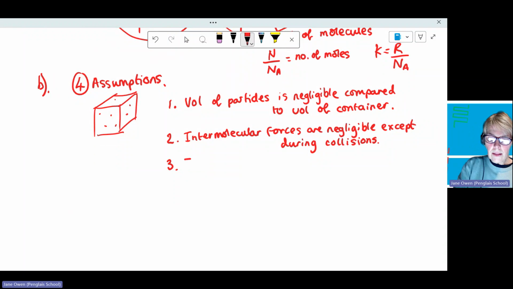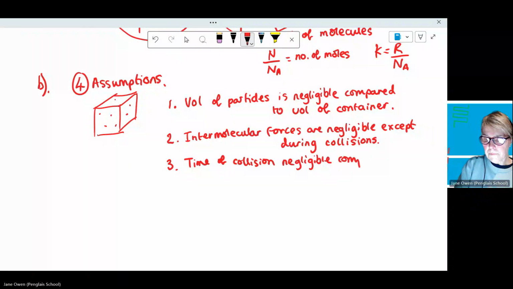Number 3, the time of collision is assumed to be negligible compared to the time between collisions.